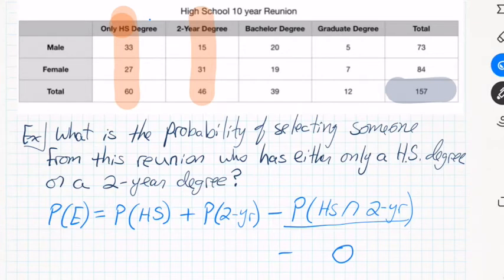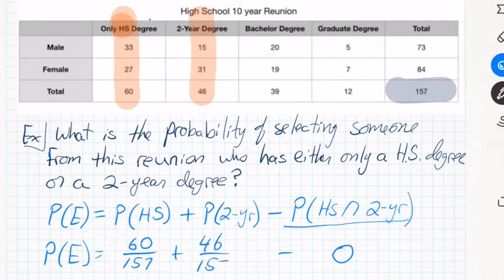All right, then the rest of it is pretty simplistic. So the probability of the event is equal to the total number of high school graduates only, which is 60. So that is the number of events. The number of outcomes is the entire group, which is 157. Plus, the probability of 2-year is 46 out of the 157.